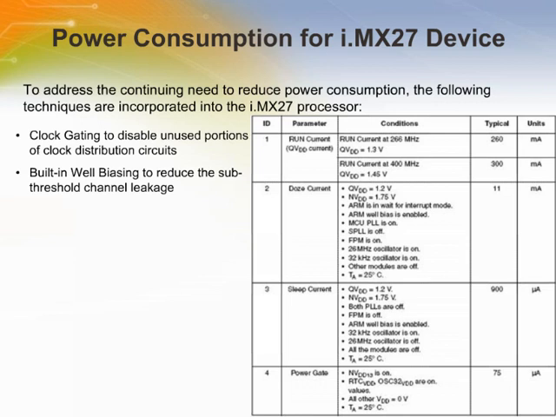By inserting gating into the clock paths, unused portions of the chip can be disabled. Well biasing is a feature incorporated in the design used to reduce the sub-threshold channel leakage. For the 90 nanometer digital process, the sub-threshold leakage could be reduced by a factor of 10 over the nominal leakage.